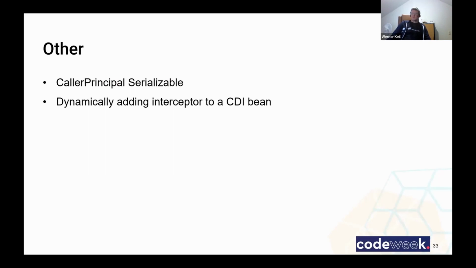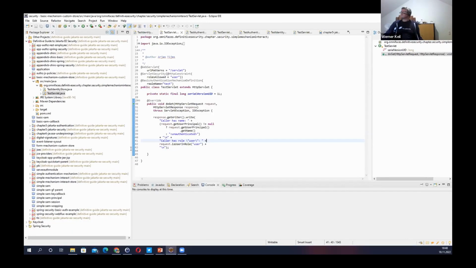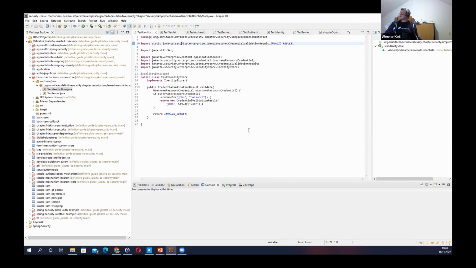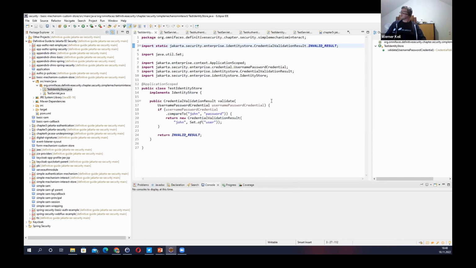So I guess we can probably look at a bit of code. Okay, I hope the font is okay.